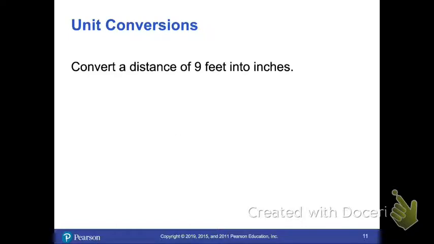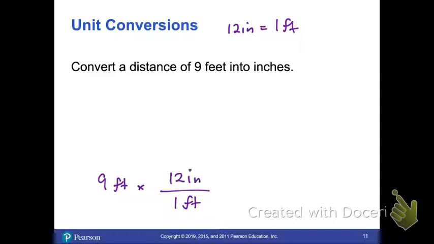Okay, we saw in our last slide that 12 inches is equal to 1 foot. And we're starting with 9 feet. And we want to go to inches. So I know that I need the conversion factor that has the foot in the bottom. So I'm going to say 1 foot, and then I'm going to put my 12 inches at the top. Why do I do that? Okay, because I want my feet to be able to cancel.